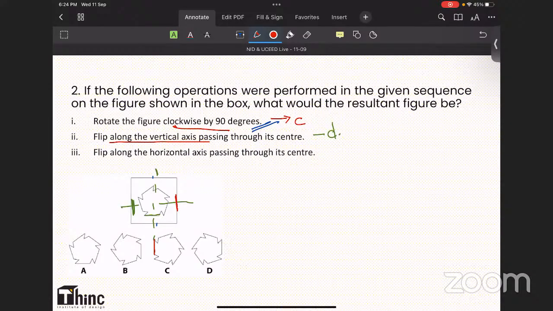We observed clockwise rotation in option C, and the flipped figure of option C you can spot in option D. So the flipped figure of option C, or the mirror image of option D. The mirror image of option D is enough for a vertical flip.